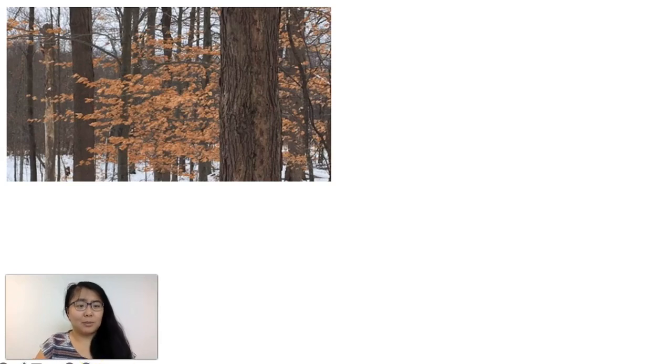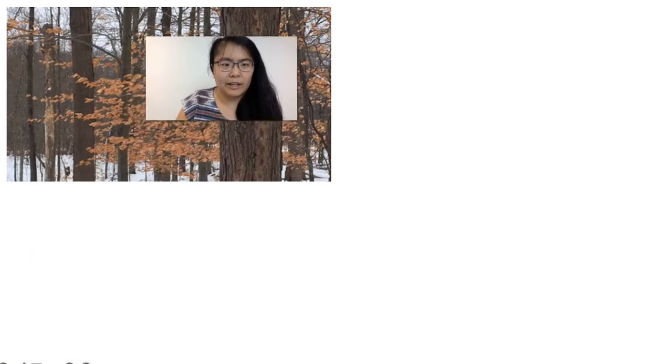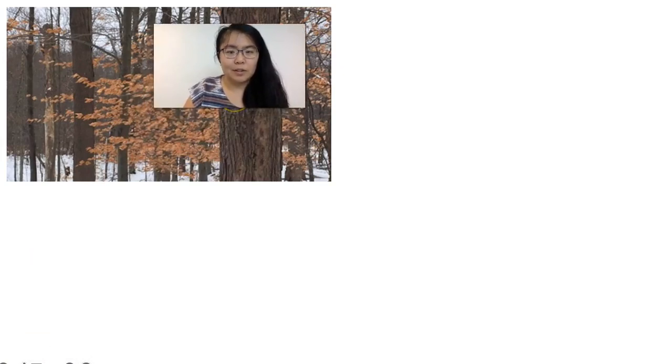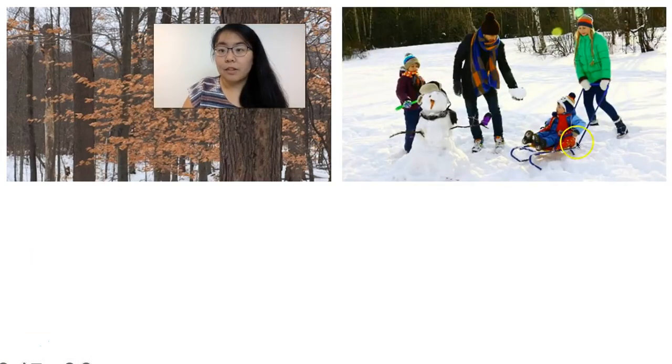Moving on. Here is, you have to look at it without looking at my face too much. This is a picture of winter. You see brown leaves, there's some snow, dead trees, no green, all gray and brown and white. This is also winter. There's more snow.